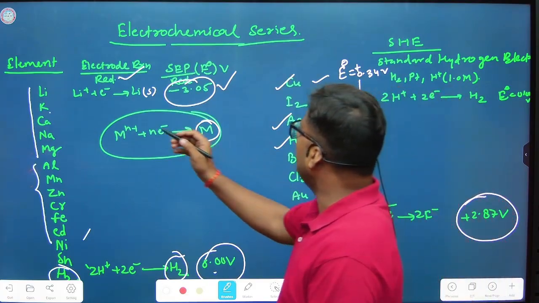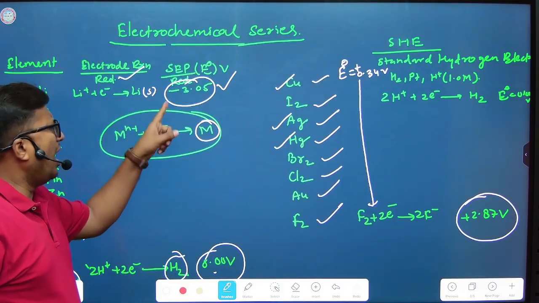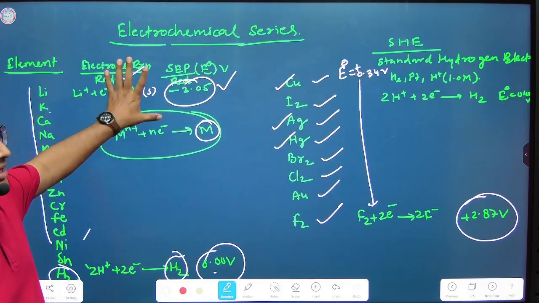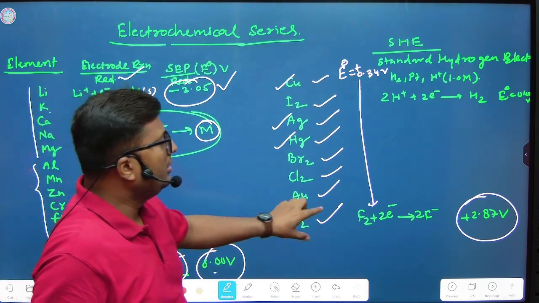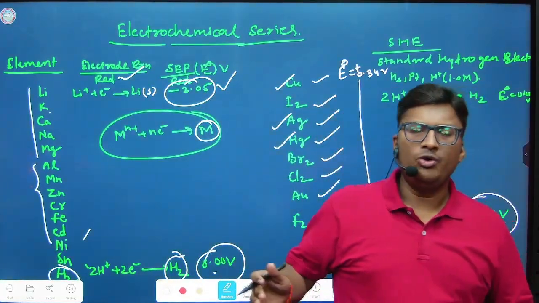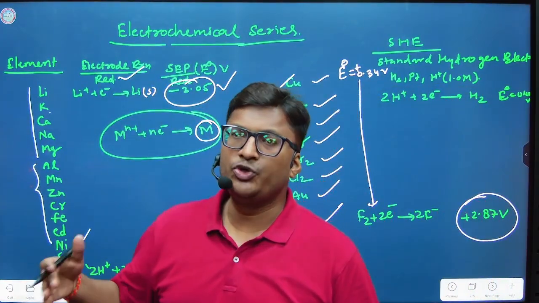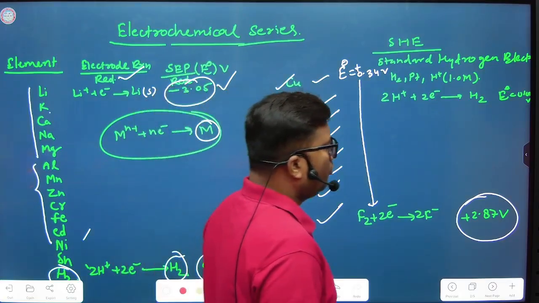Here lithium shows the highest negative potential, that is minus 3.05 volt, right? While fluorine, that is F2, shows the highest positive standard reduction potential, right? So what does it mean?